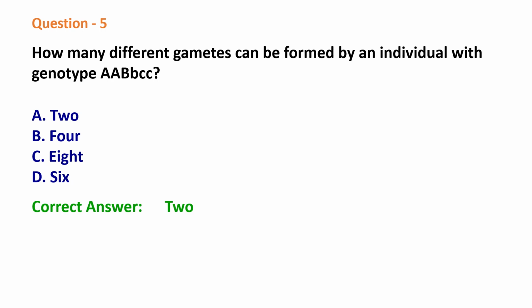Look at the genotype given. We have capital A, capital B, and small c. From A we can take only that one capital A, and from C we can take only small c. So capital A and small c will definitely be there in one gamete.